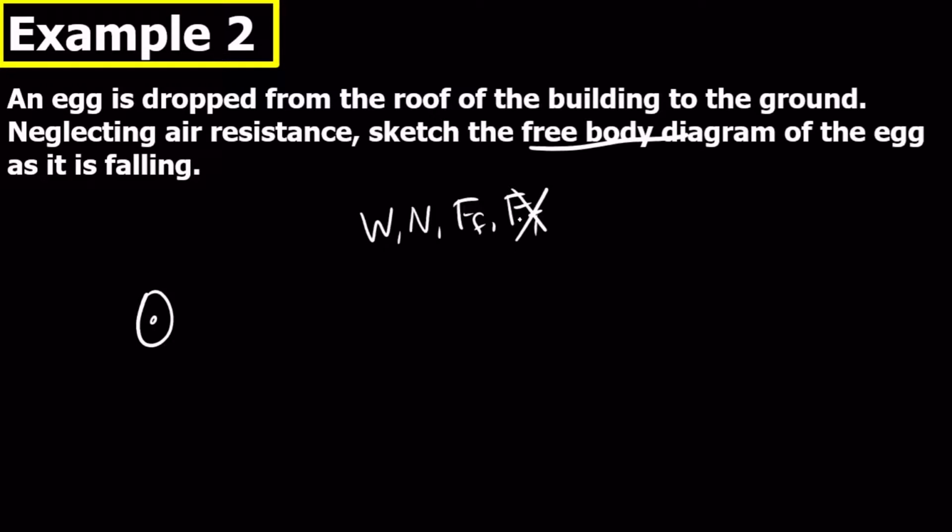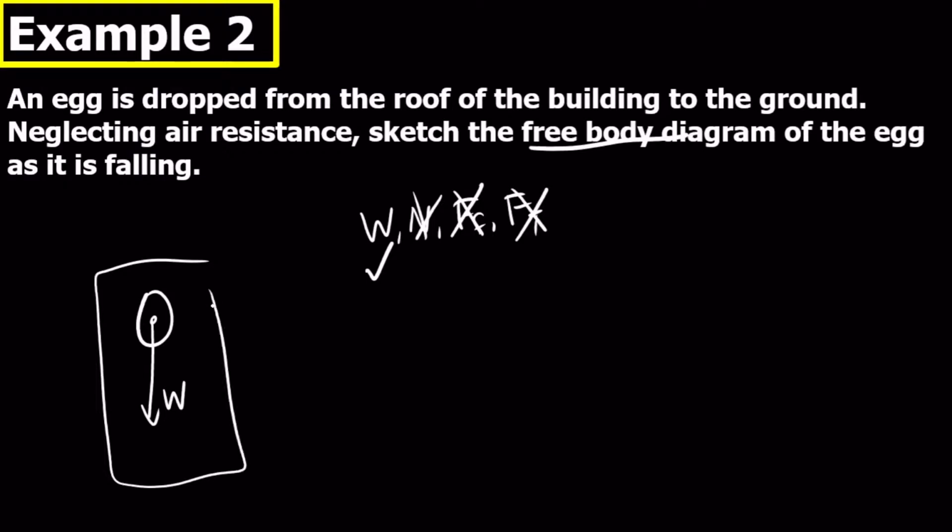We are neglecting air resistance, so there's no frictional force. The egg is not in contact with any stable surface, so there's no normal force. But the egg is falling, so it is interacting with gravity. We have weight. Draw an arrow to represent the force of weight. That's it, that's the free body diagram.